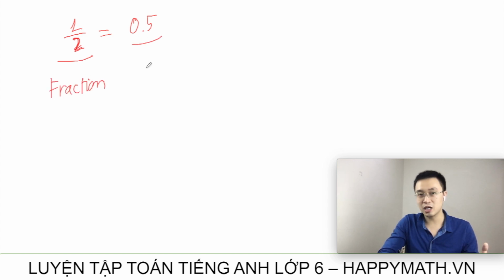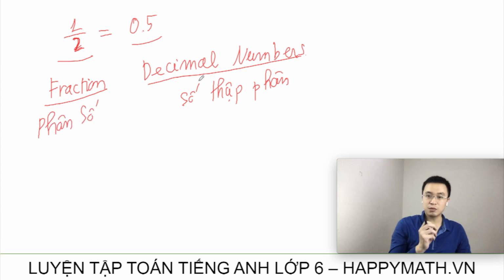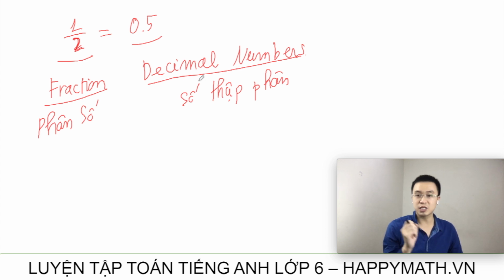On the right hand side, we call it a decimal number. And from the decimal number, you can change to the percentage.